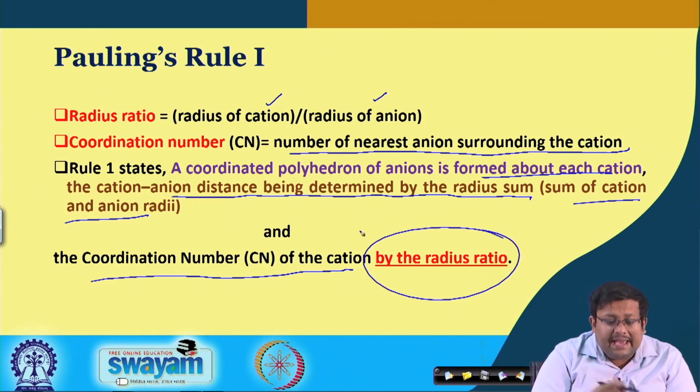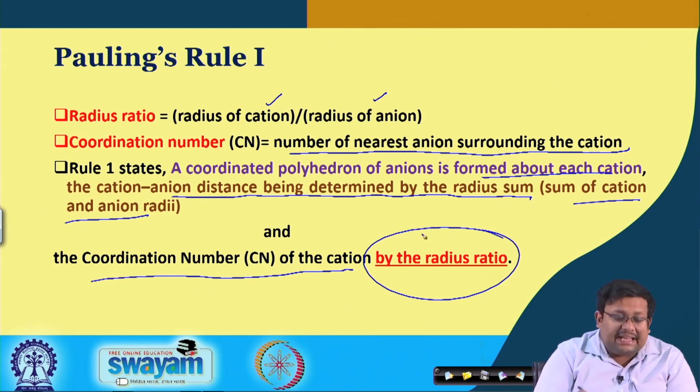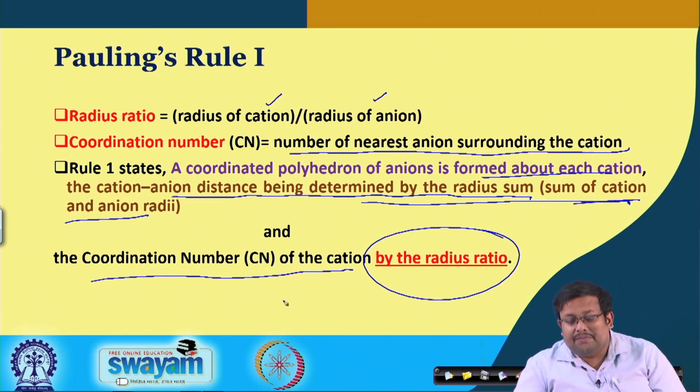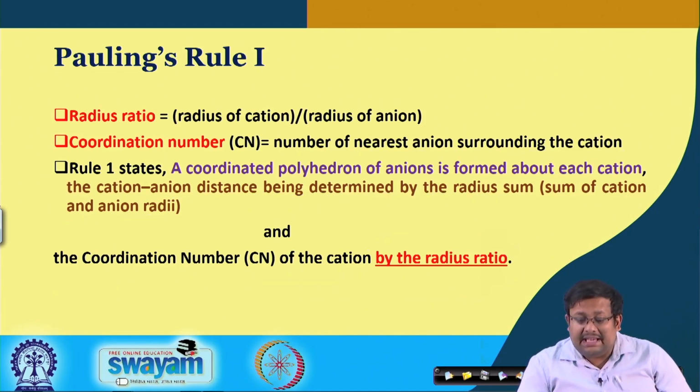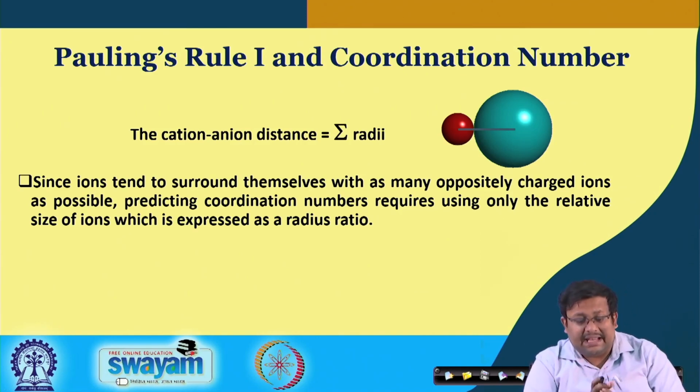Again, a coordinated polyhedron of anions is formed about each cation, with the cation-anion distance determined by the radius sum, and the coordination number, which is the number of nearest anions surrounding the cation, governed by the radius ratio. So, what does it actually mean? Let us see in detail.